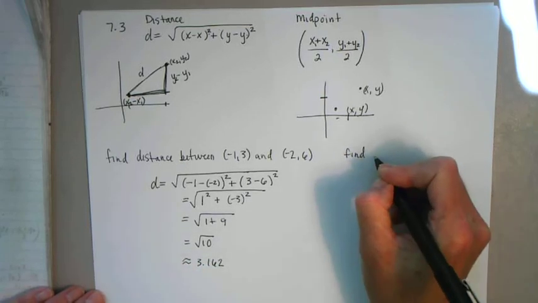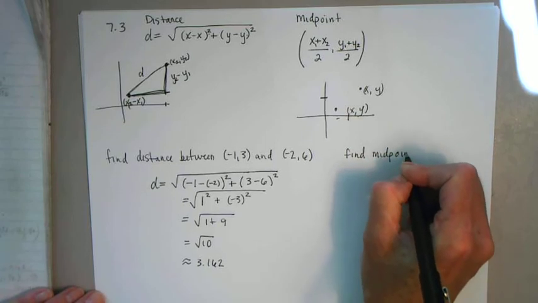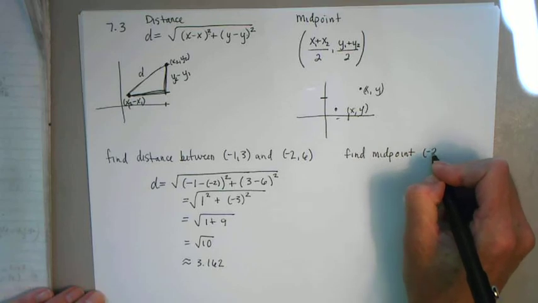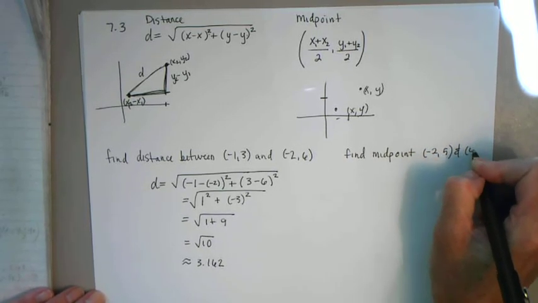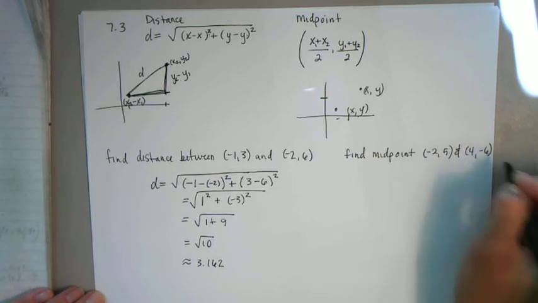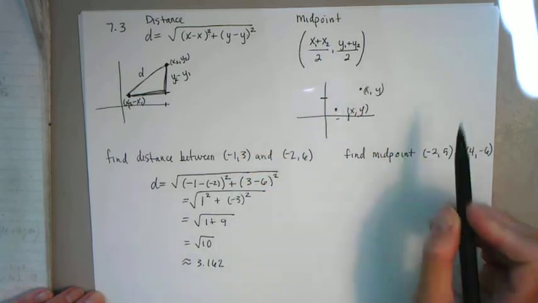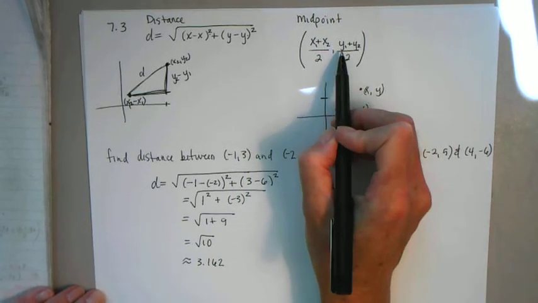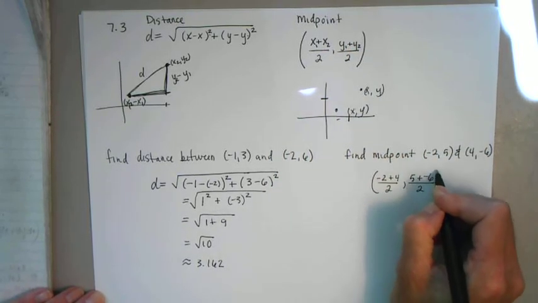So it would look like find the midpoint. Let's find the midpoint of -2, 5, and 4, -6. So again, just a formula I have to know. So x plus x, that's -2 plus 4, divided by 2, and y plus y, 5 plus -6, divided by 2.